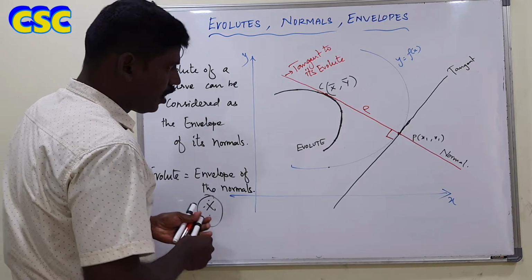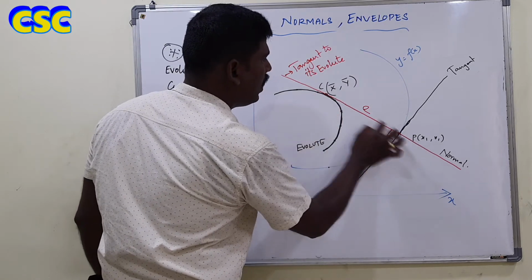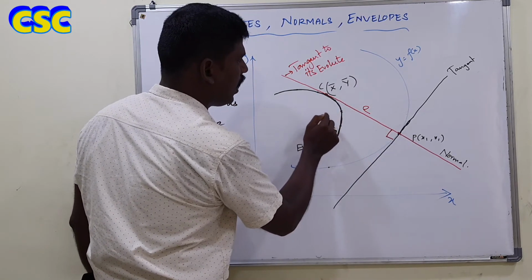Now, what I told here, this normal is a tangent to the curve, isn't it?